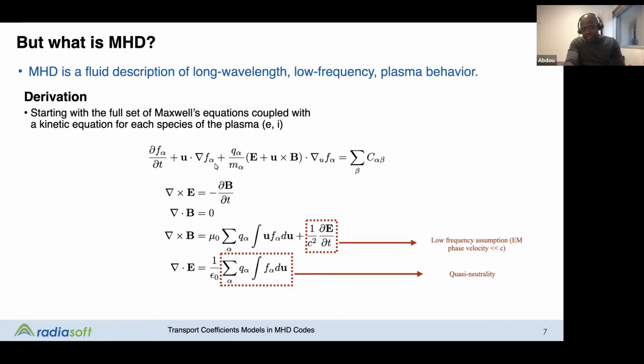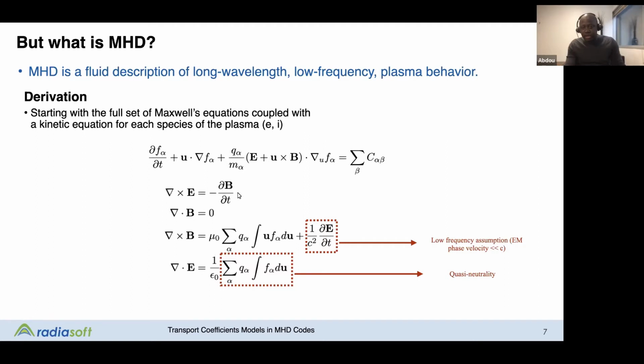You have these advection terms, then you have the Lorentz force that describes the long range forces, and then you have an operator on the right-hand side that describes the short-range forces, basically the collisions between the different entities in your plasma. This can now be coupled to Maxwell's equations to describe electric and magnetic fields. Now, this is a closed set of equations, though you can solve it in different ways.